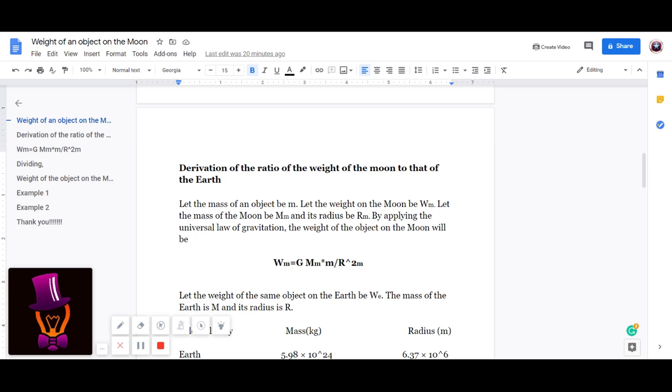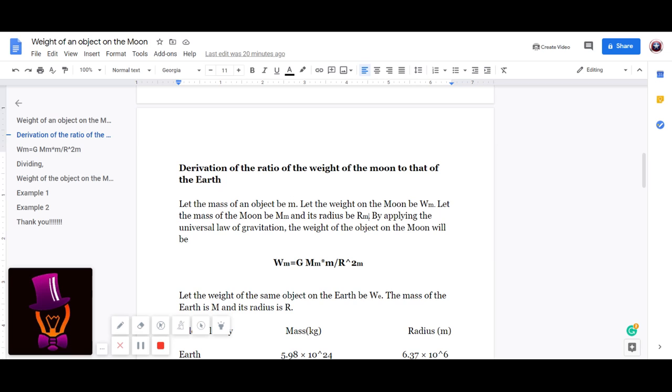Let the weight on the moon be Wm, where the small m denotes the moon. Let the mass of the moon be Mm, and its radius be Rm.